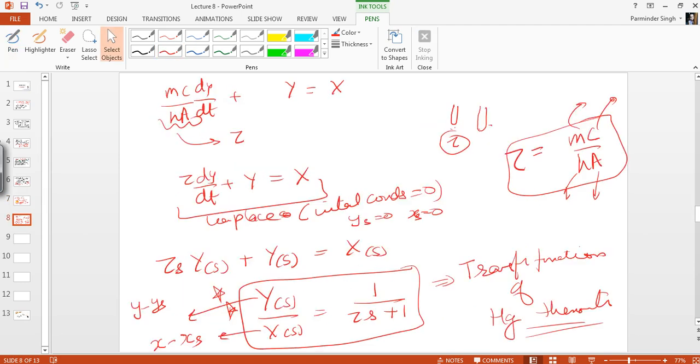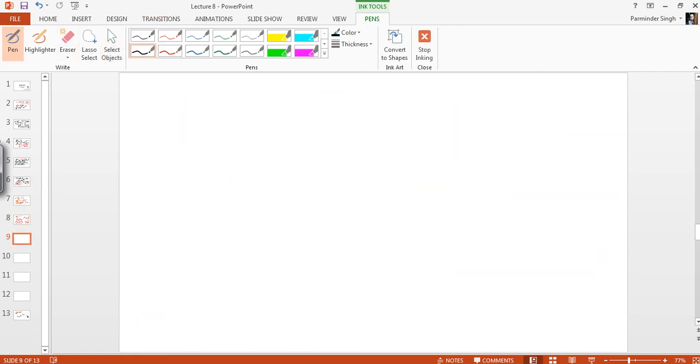Clear? So transfer function is defined as Laplace form of deviation variables of output to Laplace of deviation variables of input. This is your transfer function definition. Let's write over here.